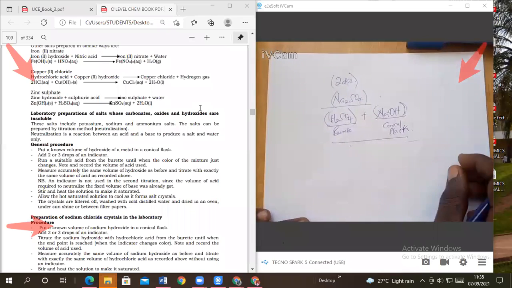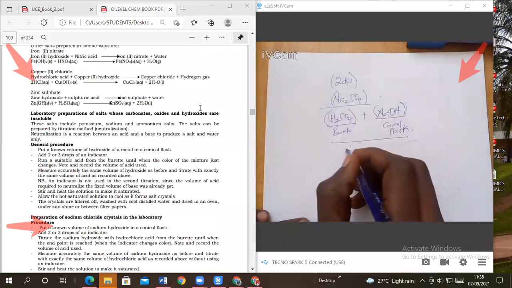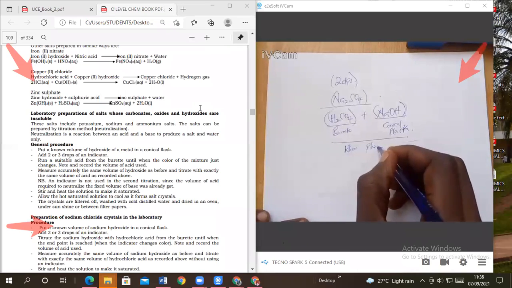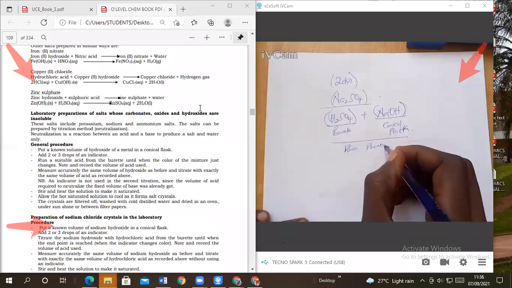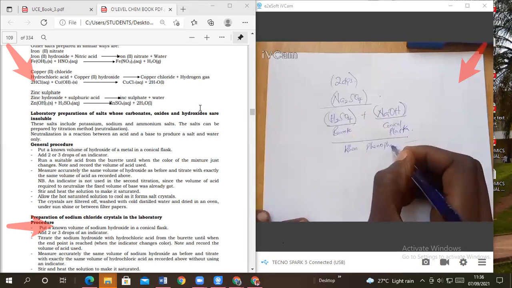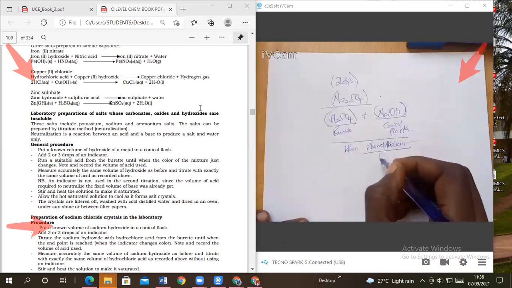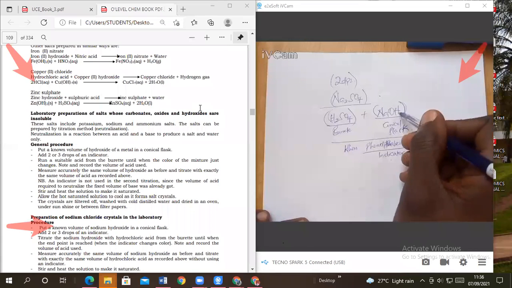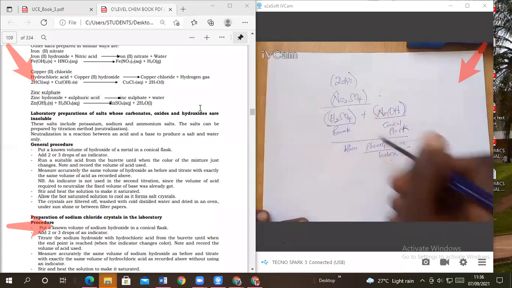That's sodium what? Sulfate. When the color changes, if you use phenolphthalein, that was colorless. Phenolphthalein is an indicator. It is always colorless. When you add it to sodium hydroxide, it turns pink. When you add it to acid, it remains colorless.